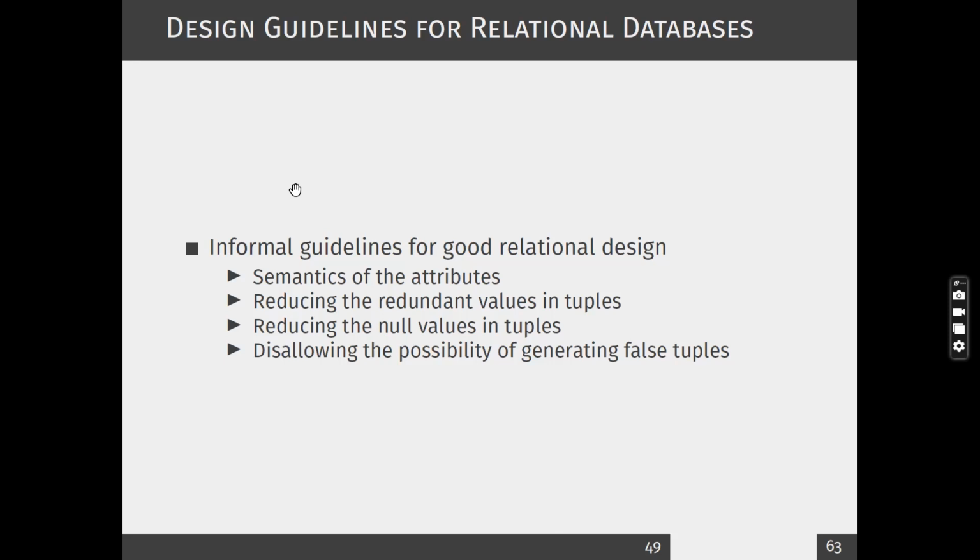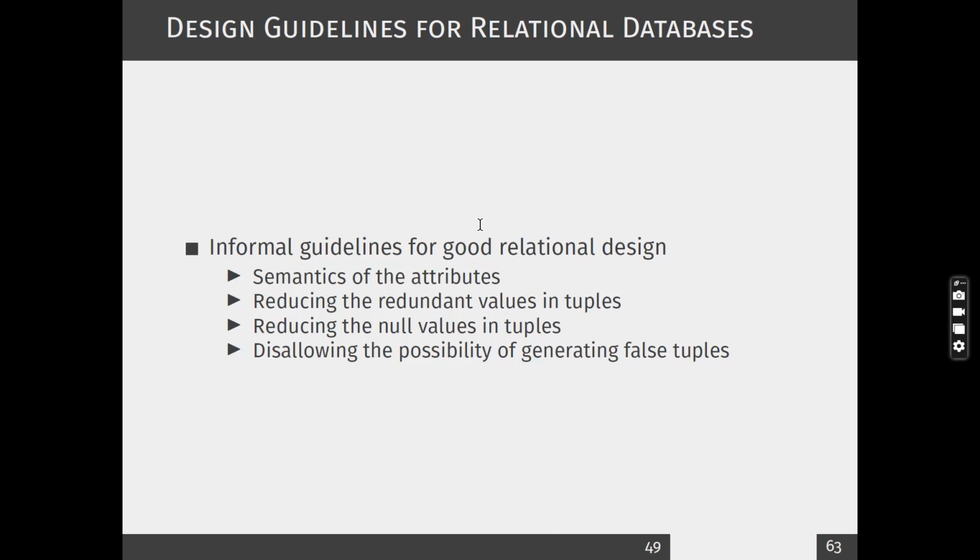When you talk informally about good design, we can talk about the meaning of the attributes, which we call the semantics of the attributes. We can talk about reducing redundancy in the tuples and reducing the null values. Sometimes some values are missing, which we call null values.